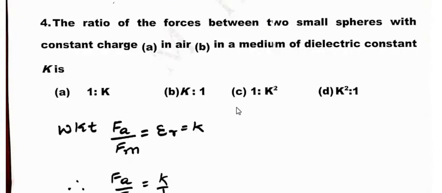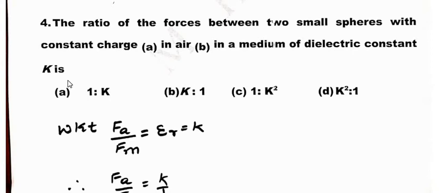Next, fourth one. The ratio of the forces between two small spheres with constant charge in air and then in a medium of dielectric constant K is. So you have two spheres and they are charged spheres.